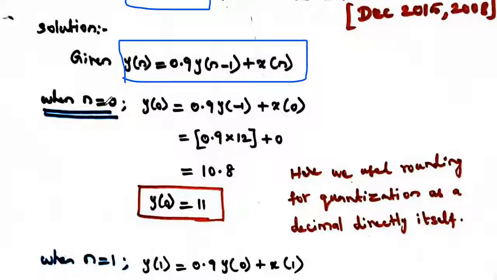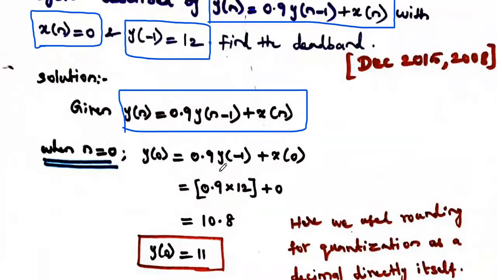So put n equal to 0 in the system equation: y of 0 equal to 0.9 y of 0 minus 1, so y of minus 1, plus x of 0. Here the output at n equal to 0 depends on the input applied at n equal to 0, as well as the previous output y of minus 1.